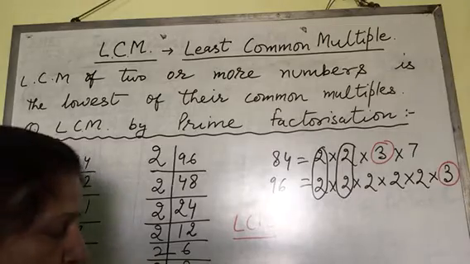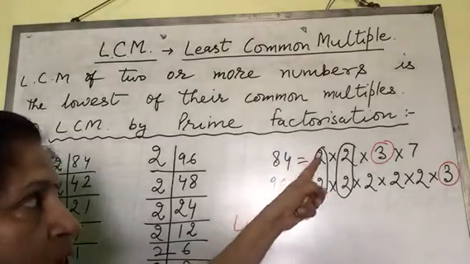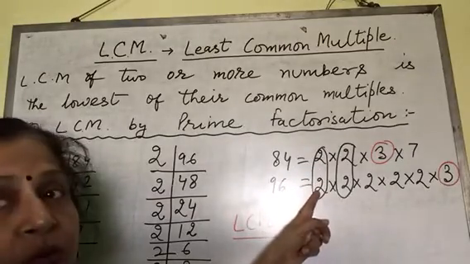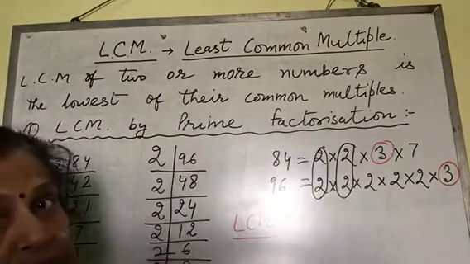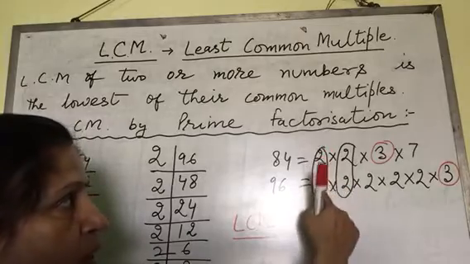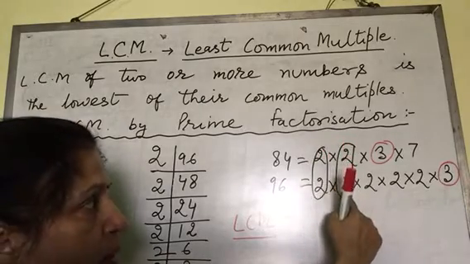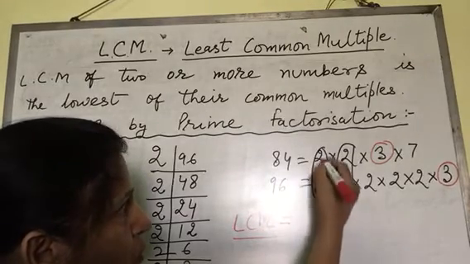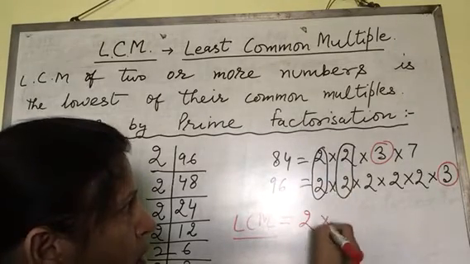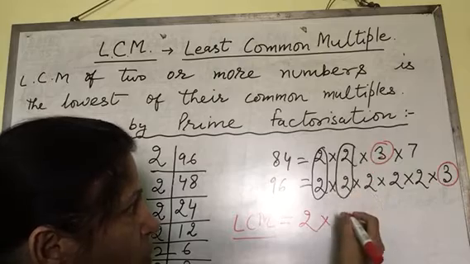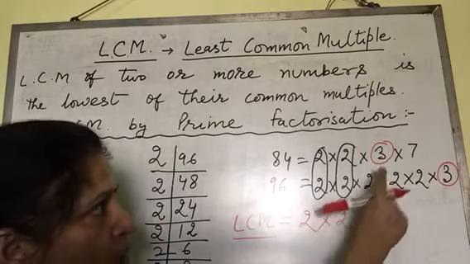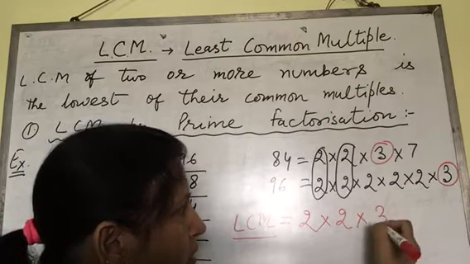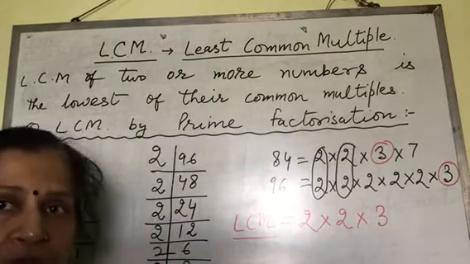Now LCM. In LCM there is no need to write 2 times because they are common. These two are common, so there is no need to write it 2 times. I will write 1 time. 2 is common here and 2 is again common here, so I will write it only 1 time. So LCM is equal to, इसको हमने एक बार लिख दिया common, then this one there is no need to write 2 times. Now these 3 again common, so I will write here only 1 time 3, right?